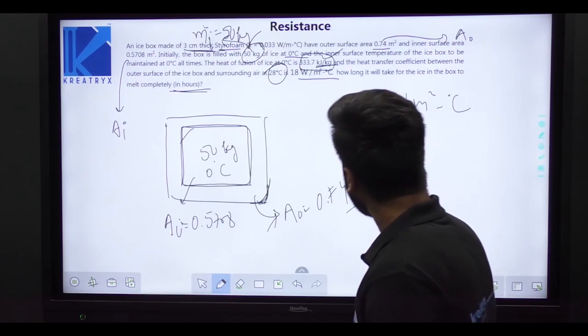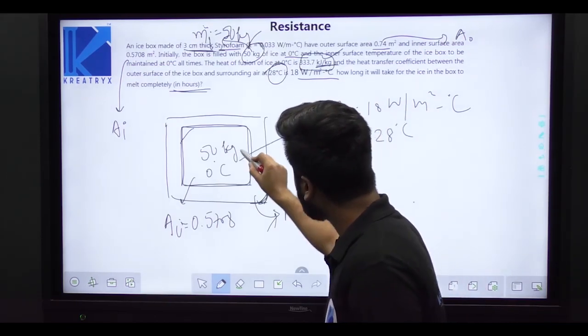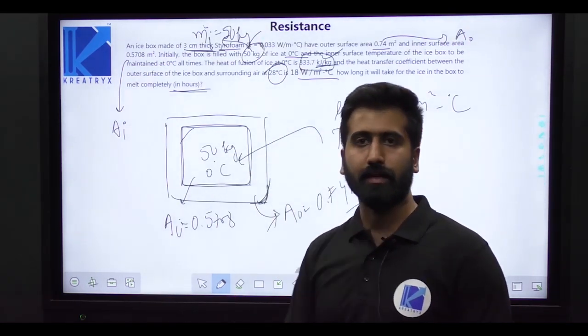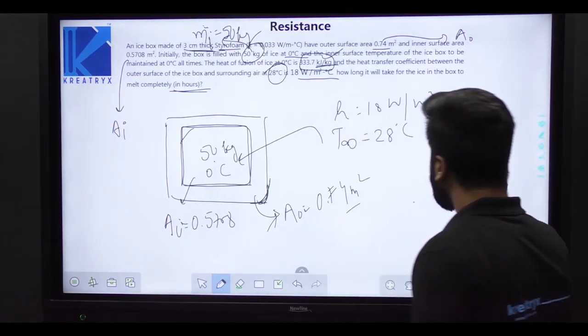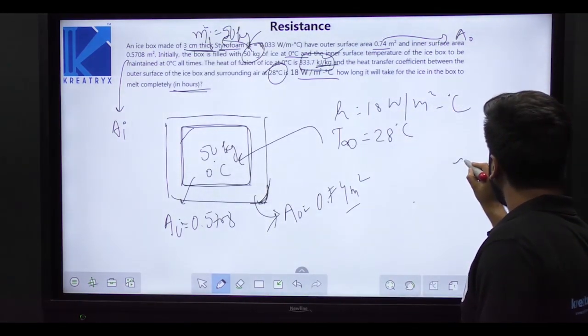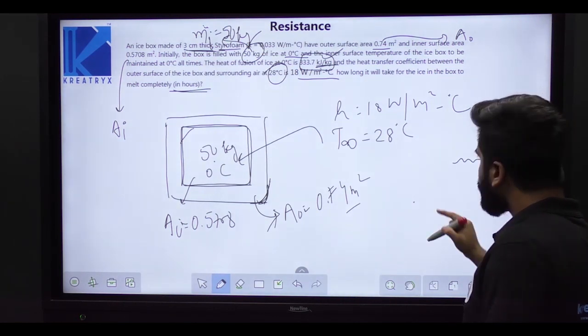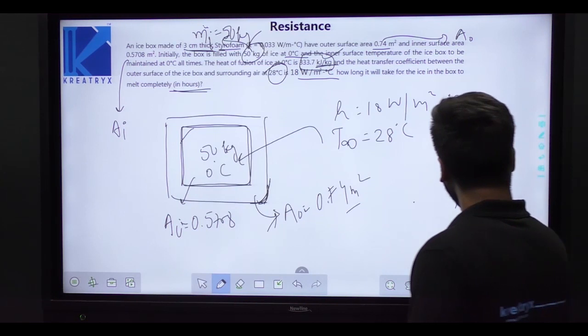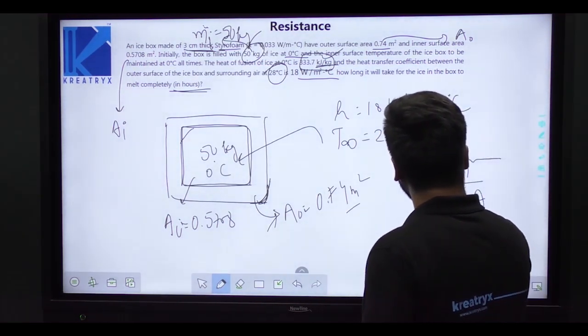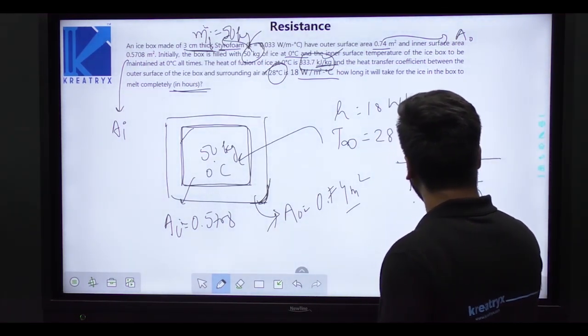So what can we analyze from this question? Heat from the surroundings will go into the box and will melt the ice. Let's draw its resistance circuit diagram. It will be the convective resistance offered by the ambient air, which will be equal to 1 by hA, and then the conductive resistance offered by the box of ice.